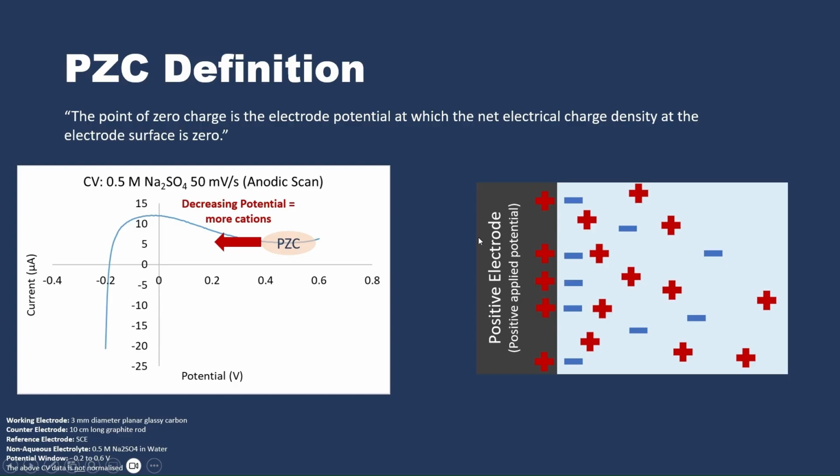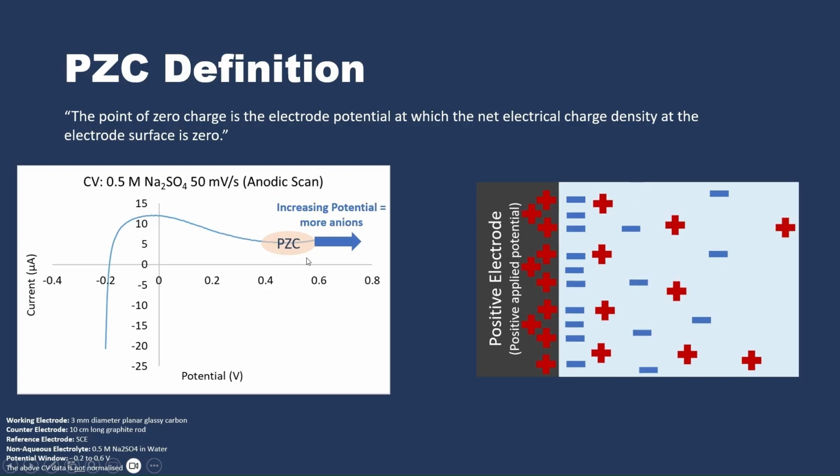As you can see here, we have reduced the amount of positive charge at our electrode surface. So then obviously we are going to have less anions adhered. And if we have less anions, we're able to have more cations move towards the surface because you're going to have less repulsion forces occurring from having less anions.